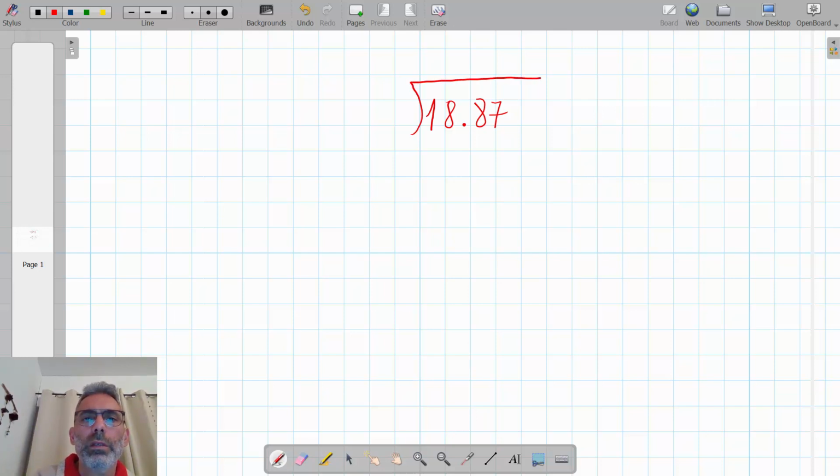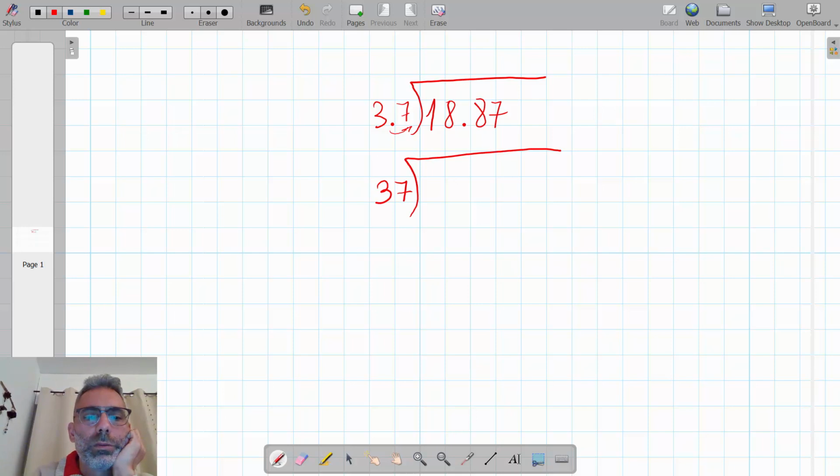188 divided by 3.7. Okay, I will rewrite it as the divisor becomes 37 because I shifted the decimal point one place to the right. And the dividend becomes 188 because I shifted the decimal point one place to the right.